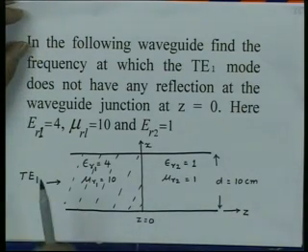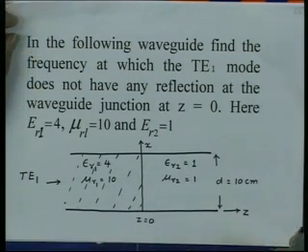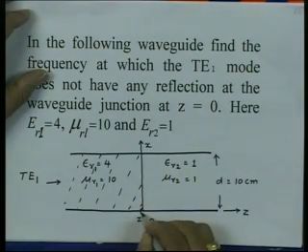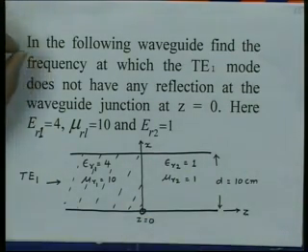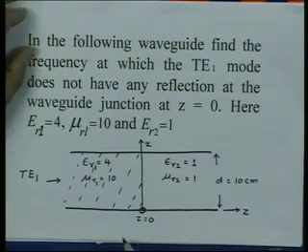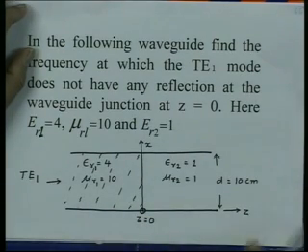Now, as we know, for TE1 mode we get the field components: the y component, where the y direction is coming out of the paper, for the electric field, and for the magnetic field we will have a z component and the x component.